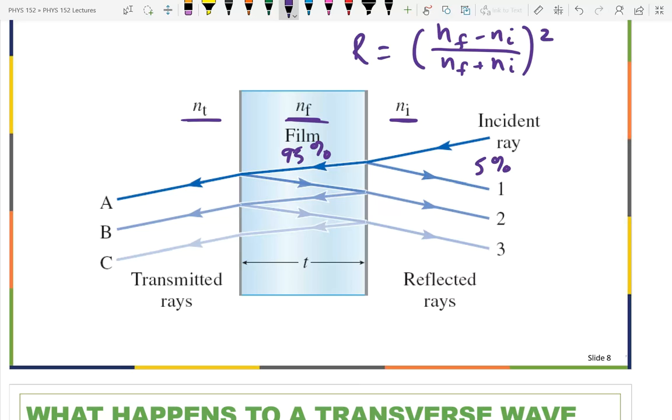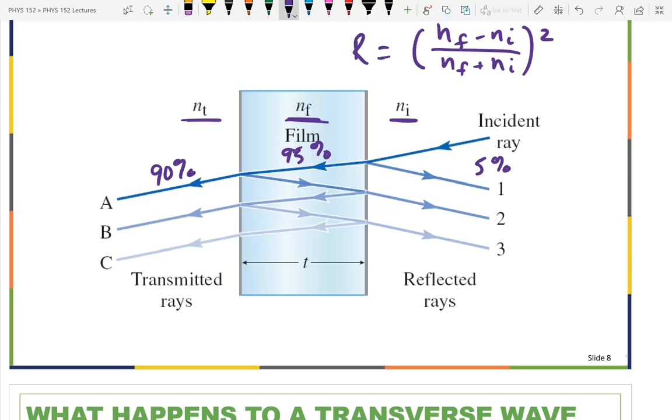Note that you have the same indices of refraction, hence the same reflection coefficient. So once again, 95% is transmitted. And so 90% of your light comes out. It's actually 90.25% if you want it correct.